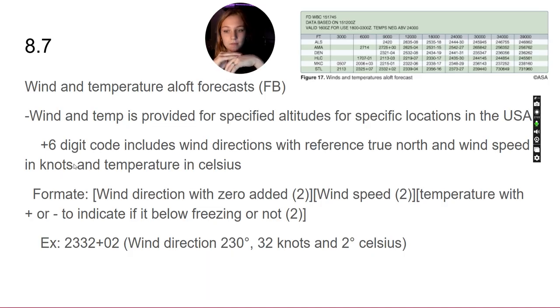The format would be the wind direction with an imaginary 0 added at the end, so that's 2 of the digits, and then the wind speed, which is the other 2 digits, and a temperature with a plus or minus to indicate if it's below freezing or not. So 2332+02 would be wind coming from 230 degrees, 32 knots, and it's 2 degrees Celsius because it's a plus. If there was a minus, it would be negative 2 degrees Celsius.